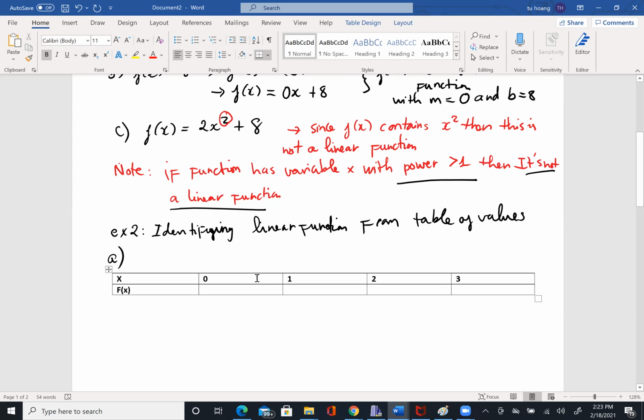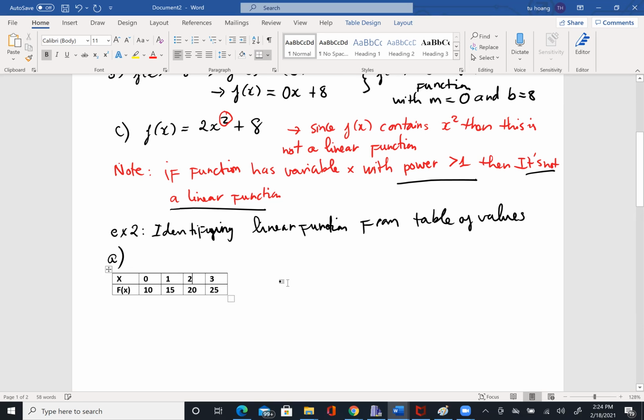Okay, so this one is 10, and then 15, and 20, and 25.